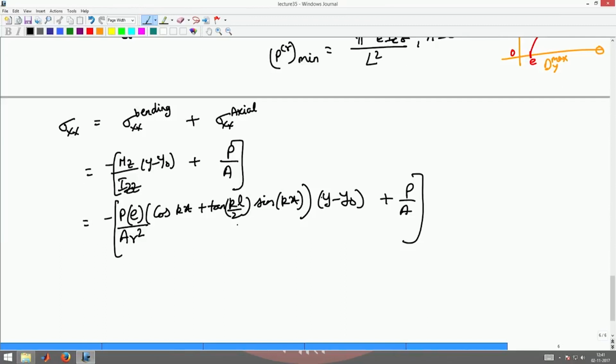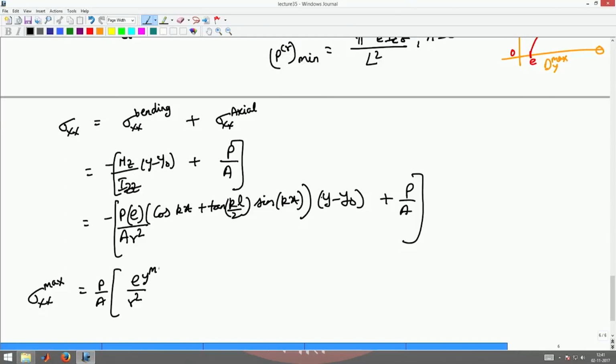Now this I can write as P by A into E by r square into, since I want sigma xx max, the maximum stress will occur at the extreme fiber.